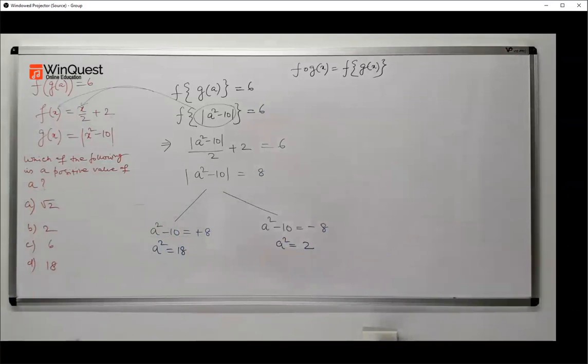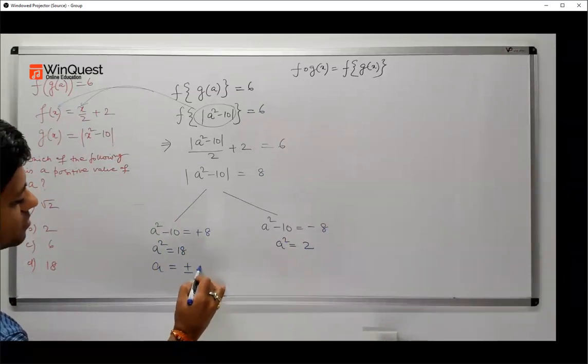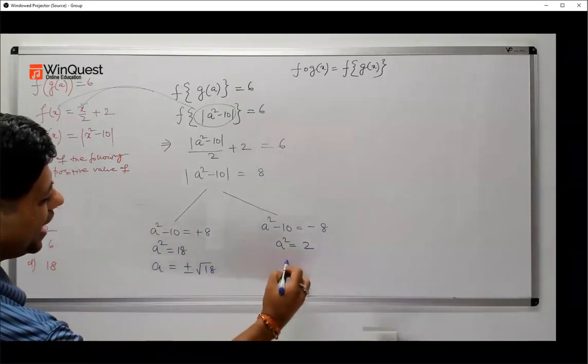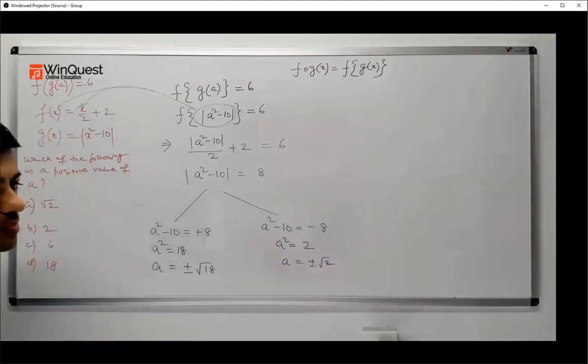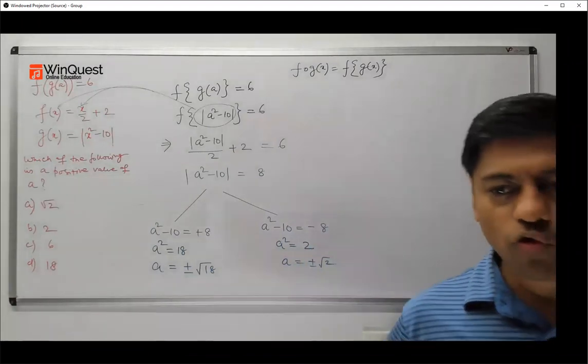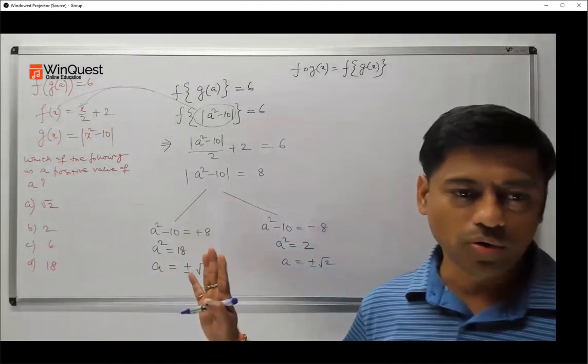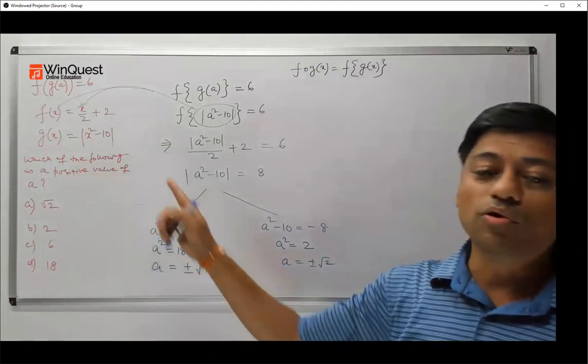So a here becomes plus and minus root 18. A becomes here plus and minus root 2. Four values. Now, the question was which of the following is a positive value of a?